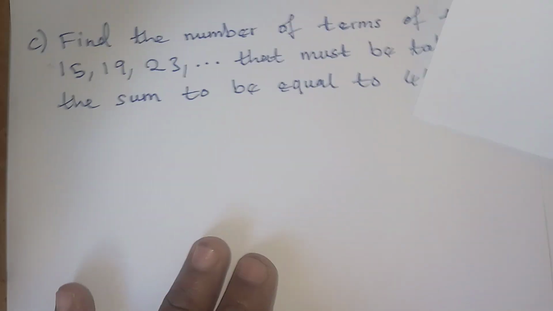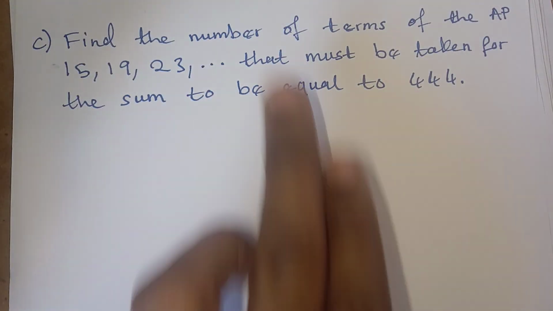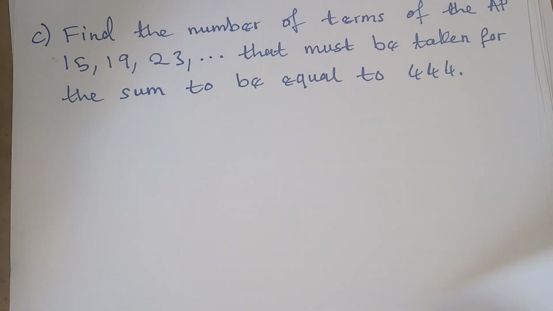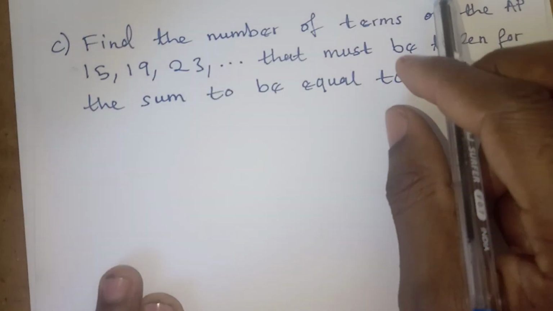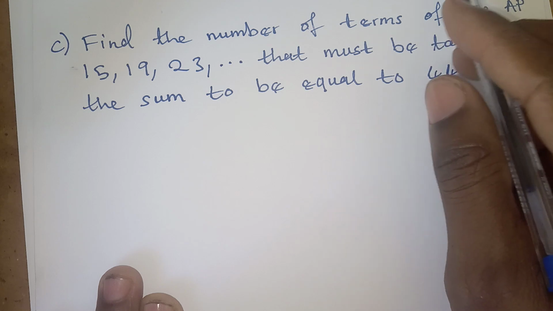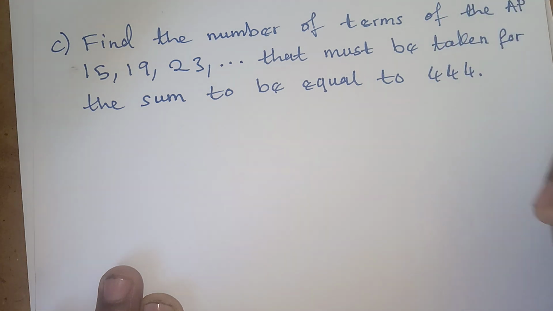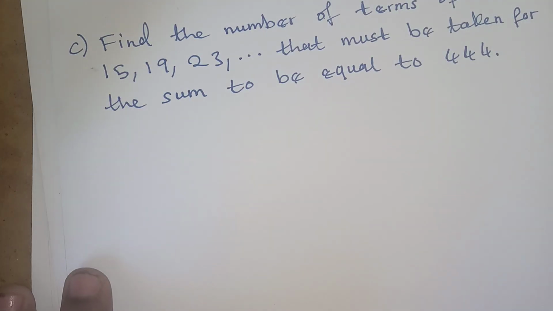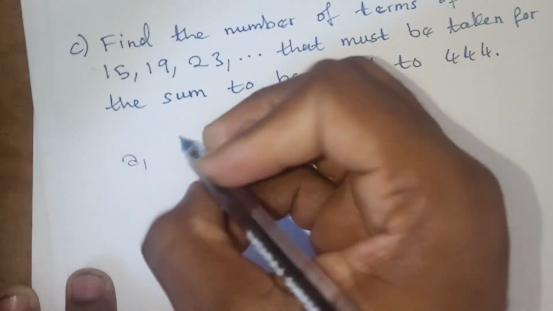And I think this marks the end of part A. So we can try to move on to part B. Find the geometric mean of 1 over 64 and 1 over 16. For the geometric mean, we usually use 3 letters.